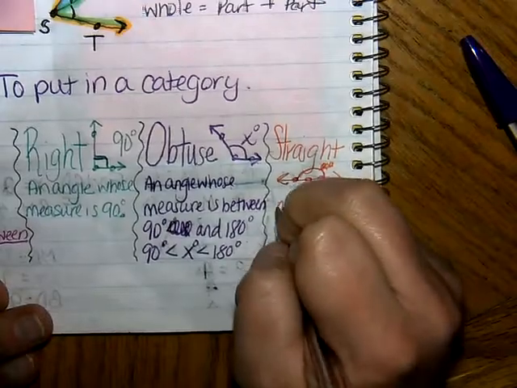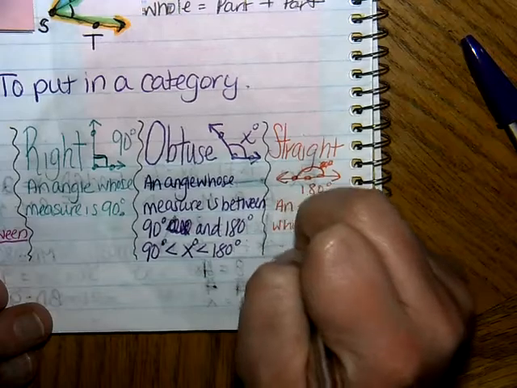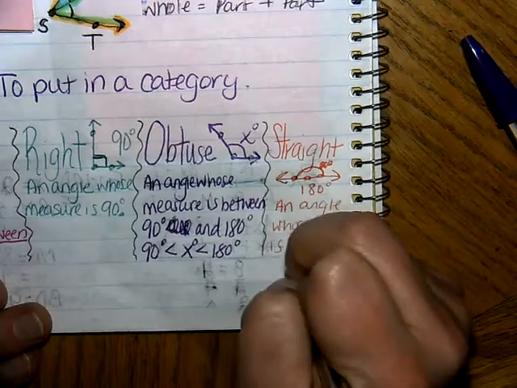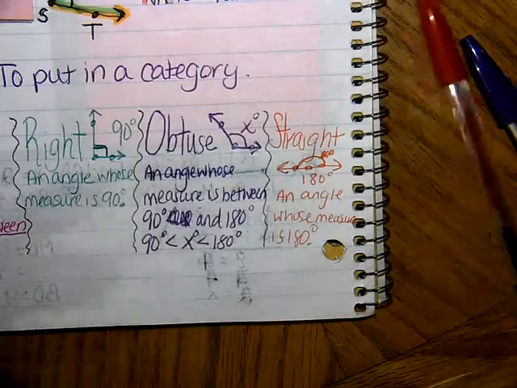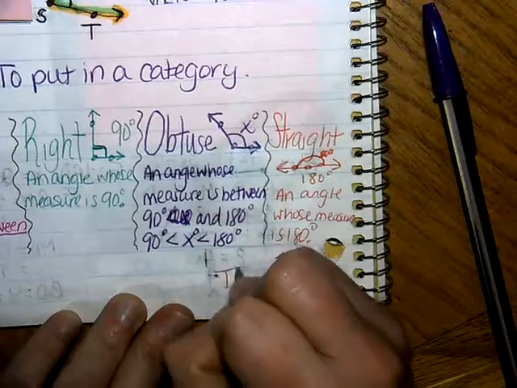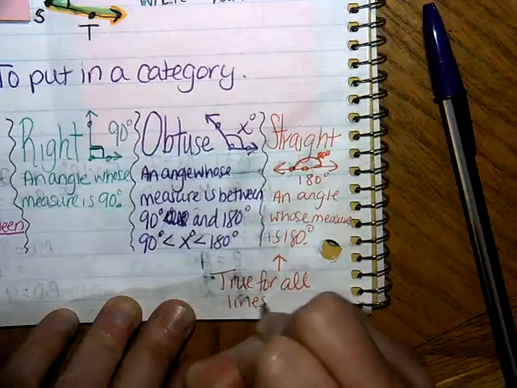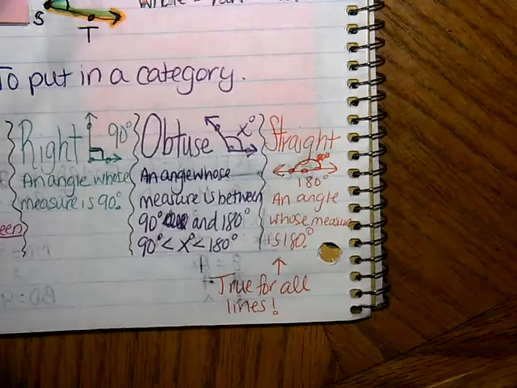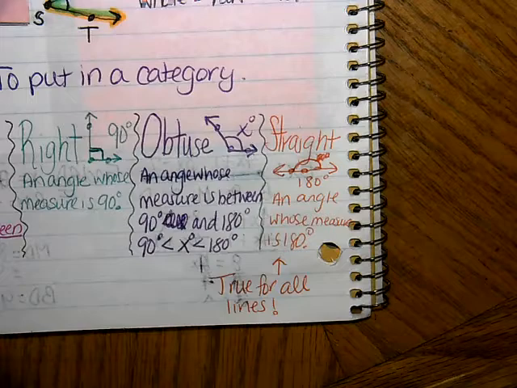So an angle whose measure is 180 degrees is called a straight angle. And all lines are called straight angles. This is true for all lines. So any line that you see is considered an angle, and that angle is called a straight angle, and that straight angle is always 180 degrees.